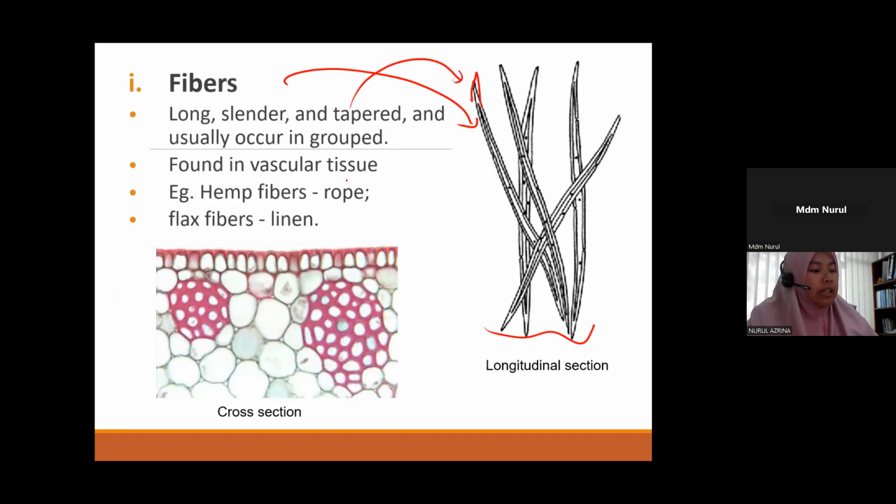It is found in vascular tissue, usually at the edge or the corner of vascular tissue. Examples of sclerenchyma fibers are hemp fibers that are used to make rope, and flax fibers that are used to make linen textile.